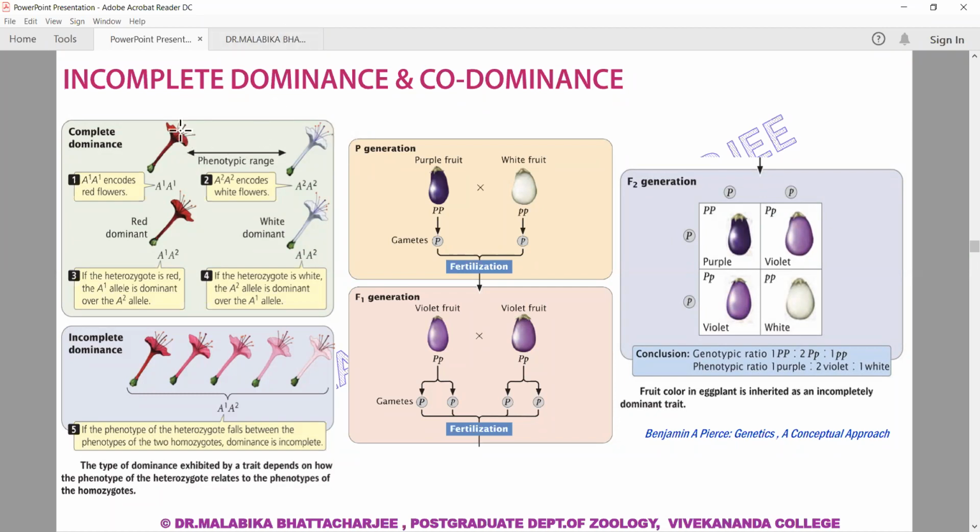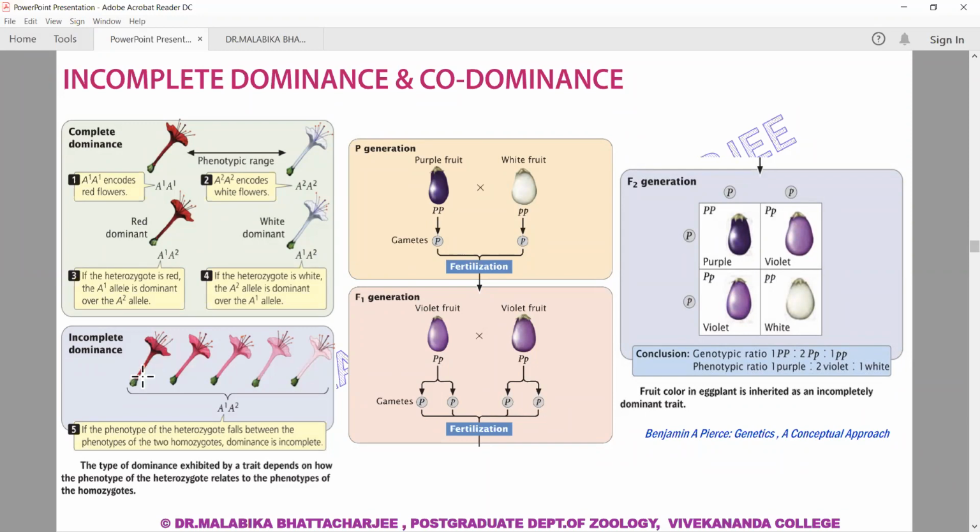Now, if we have a red parent and a white parent, and the cross is done, we see that the F1 heterozygotes show a range of characters like this. That means the F1 heterozygote is not showing a red character, but a variation of the red character in such a manner that it tends to become white. You can see this is tending to become white.